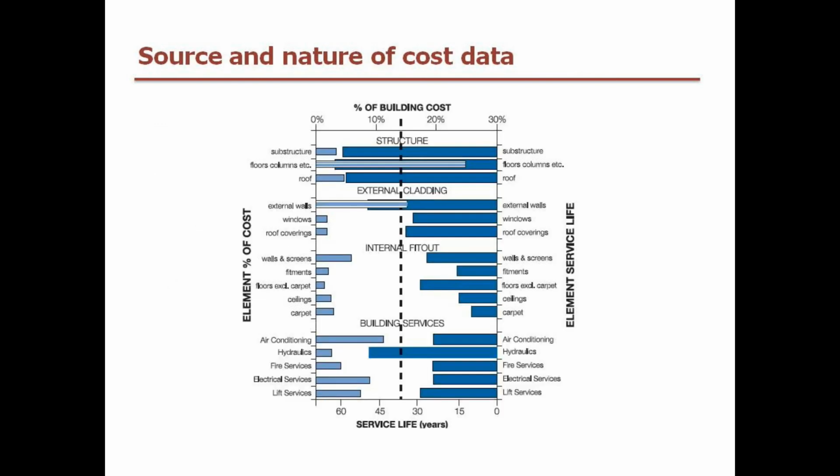As I said, with the source and nature of cost data, it's often difficult to make an informed decision on why you're putting in so many years for the life of a material or a component of a building. There are many scenarios that can be thrown at you. A building or an asset you're looking at may be in a unique position, and so you're reliant on information from the manufacturer's data and specification.